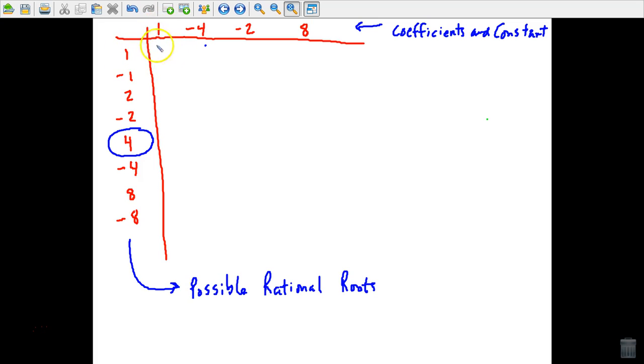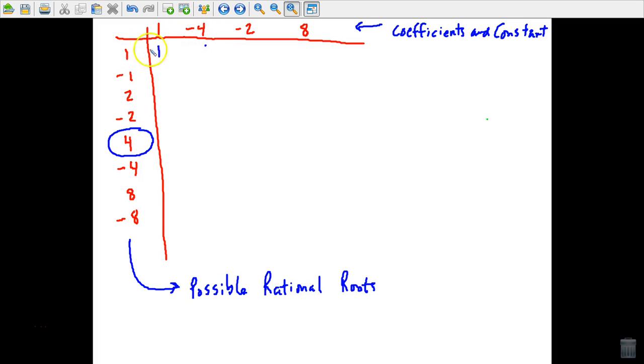So to begin with this synthetic division process, I'm going to begin by bringing down this first number 1. And then you always multiply. Think of this number, in synthetic division we would have said that this number is in the house. So multiply 1 times 1, that is 1. And then you add that product to the next number.